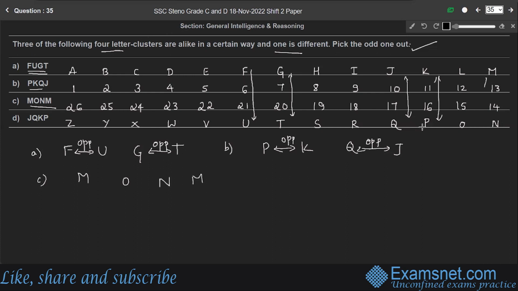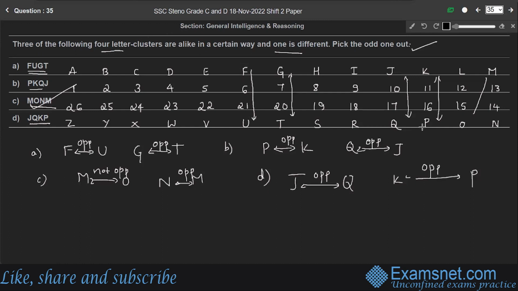Here M and O are not opposite letters, whereas N and M are opposite letters. Therefore, option C doesn't belong to the group. It doesn't follow the logic of the remaining options, so it is the odd one out. Option D: the first two letters J and Q are opposite letters, and the last two letters K and P are also opposite letters. Therefore, option C is the odd one out.